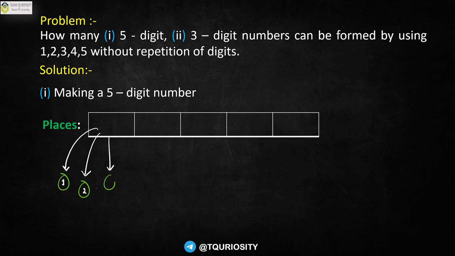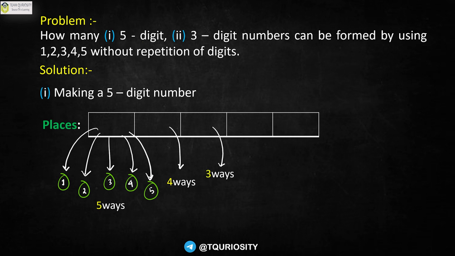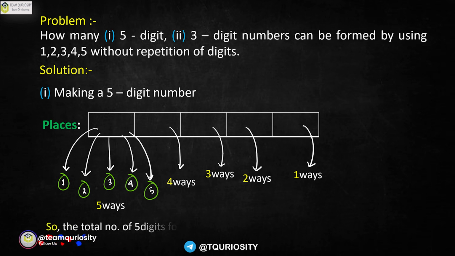The second place can be filled in 4 ways using any of the remaining 4 digits. Similarly, we can fill the third, fourth, and fifth places. The number of ways to fill all the 5 places is equal to 5 cross 4 cross 3 cross 2 cross 1, that is equal to 120.